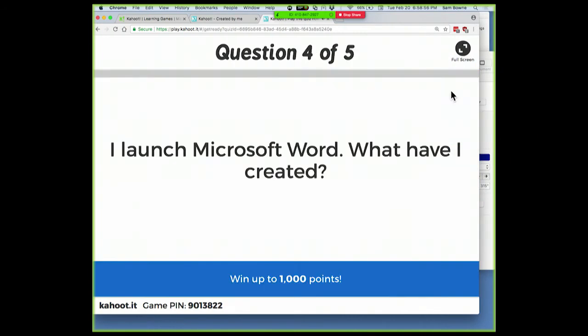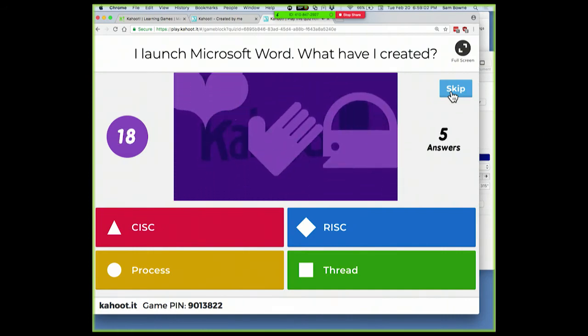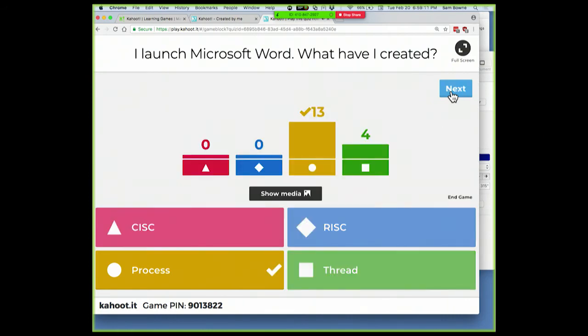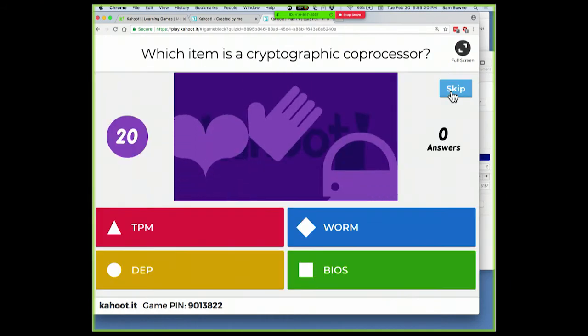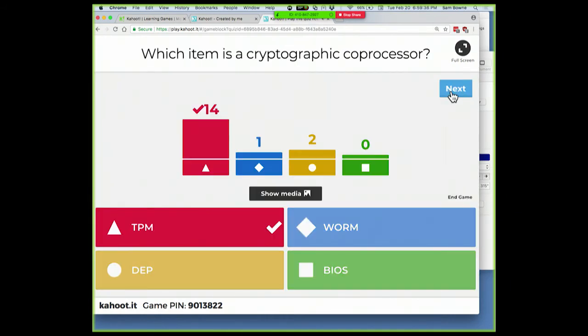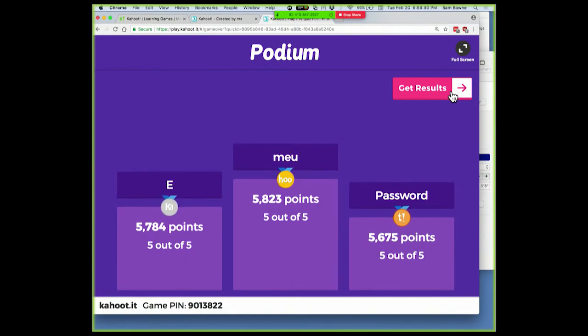All right. If I launch Microsoft Word, what has been created? It's a process, which is a container containing several threads. All right. And where's the cryptographic coprocessor? All right, that's the Trusted Platform Module. So I got password times 3, E, and me, MEU.